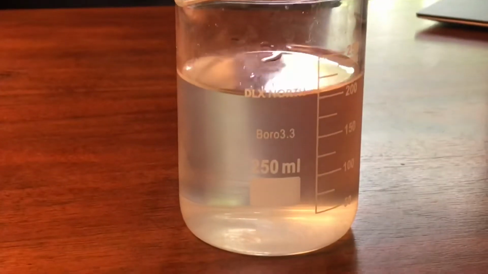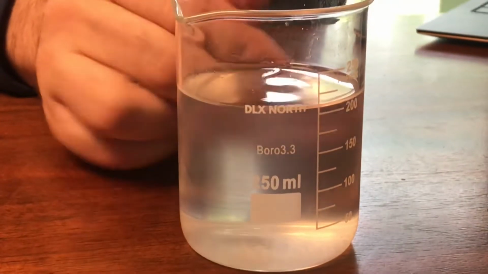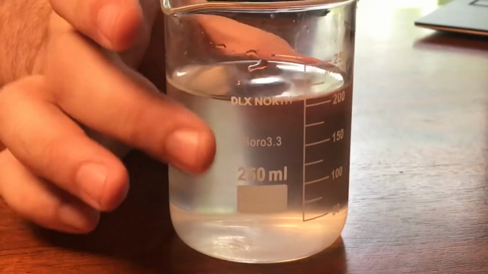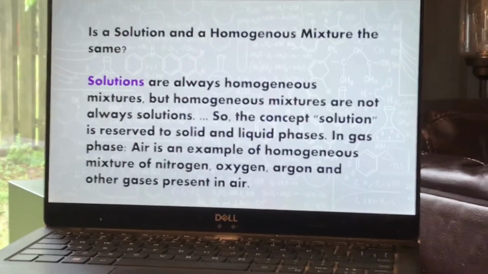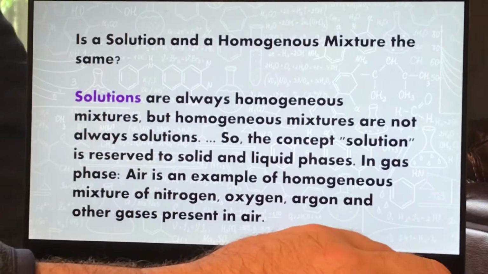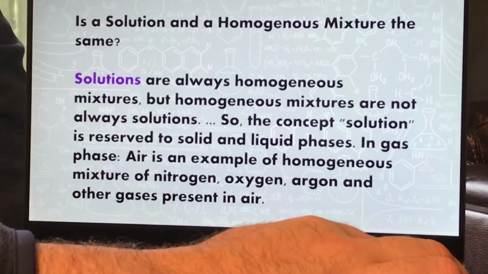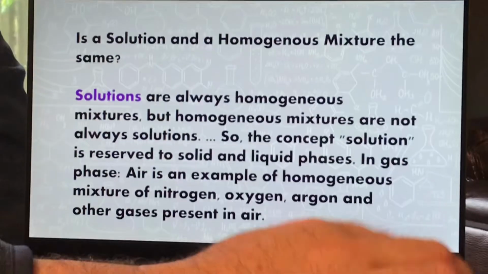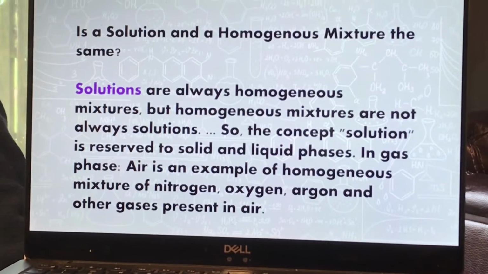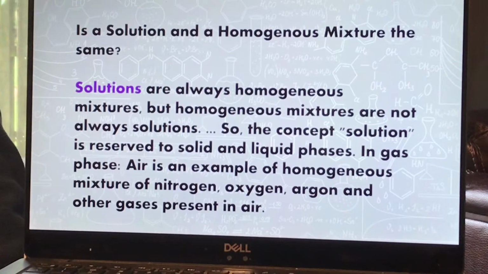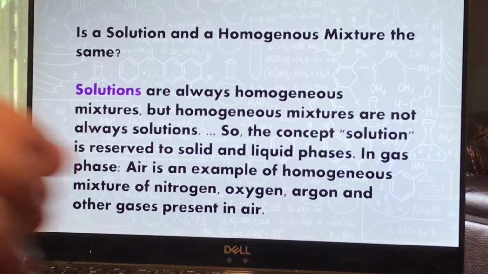But as we talked about earlier, you can mix solids and solids together, or gases and liquids together, or gases and gases together. And those wouldn't be considered solutions. They would just be considered homogeneous mixtures. A solution is a homogeneous mixture, but not all homogeneous mixtures are solutions.